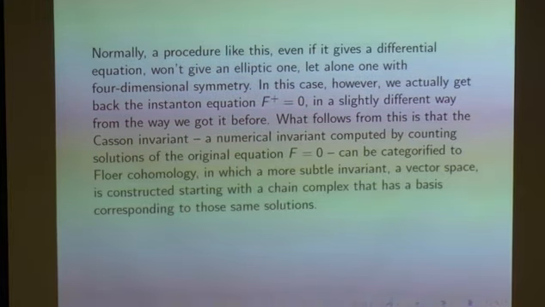What follows from this is that the Casson invariant, which is a numerical invariant computed by counting solutions of a certain equation, can be categorified to Floer homology, in which a more subtle invariant, a vector space, is constructed. The way mathematicians say it is, starting with a chain complex that has a basis corresponding to the same solutions.